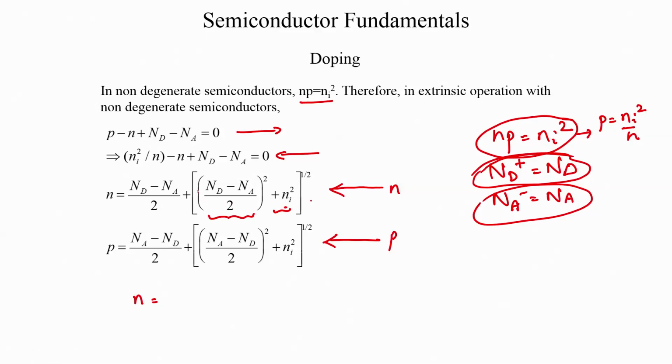Therefore, in the term in the square root, the ni square is negligible. We ignore that term and you end up with n equal to (Nd minus Na) by 2 plus the square root of ((Nd minus Na) by 2) the whole square, which is basically again (Nd minus Na) by 2, which is equal to Nd minus Na.